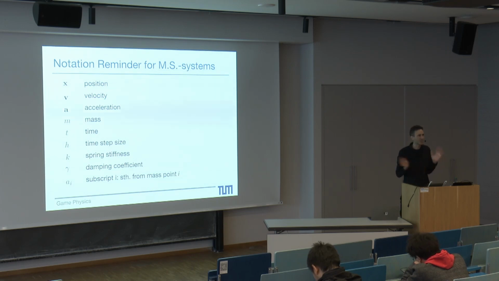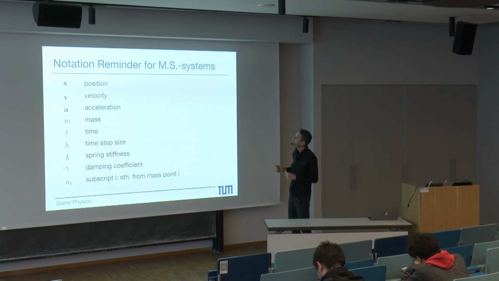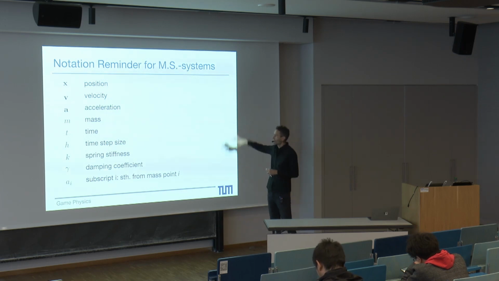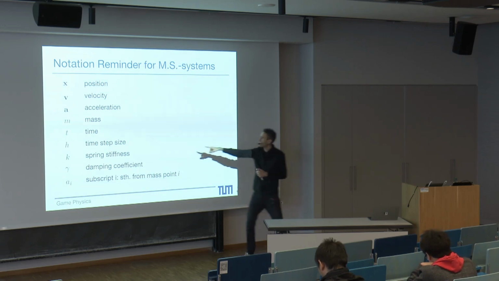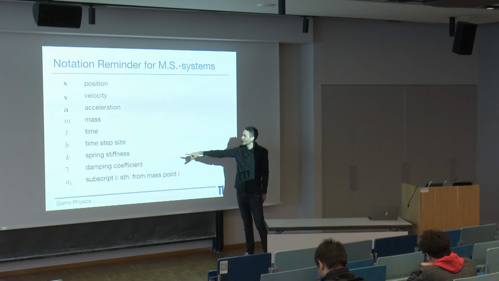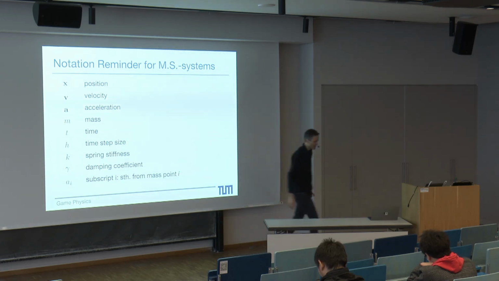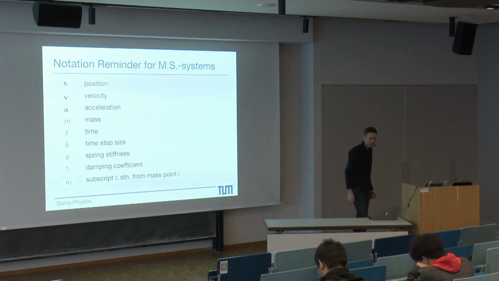More for reference, I don't want to go through the details, but I hope you remember this is our basic notation. We are now dealing with position, velocity, acceleration, x, v, a, where m is mass, t is time, h is still the step size, and spring stiffness from Hooke's law is denoted by k here.